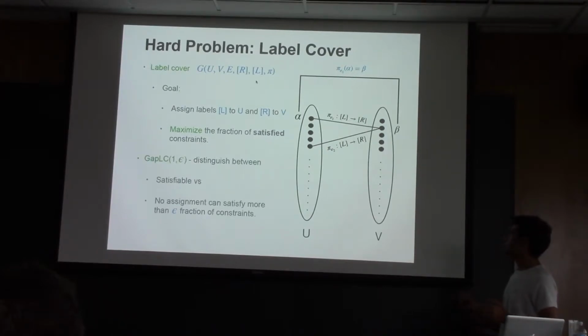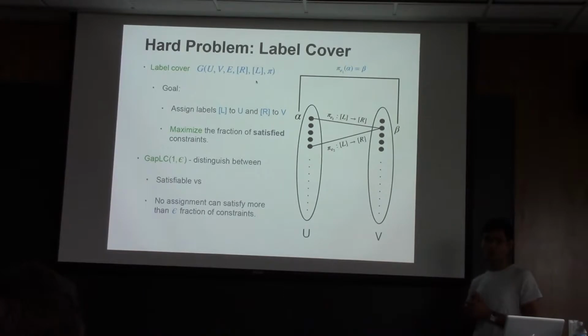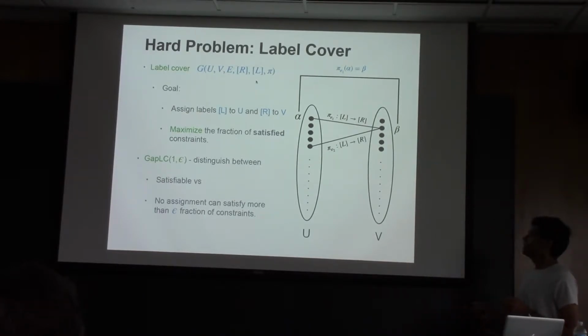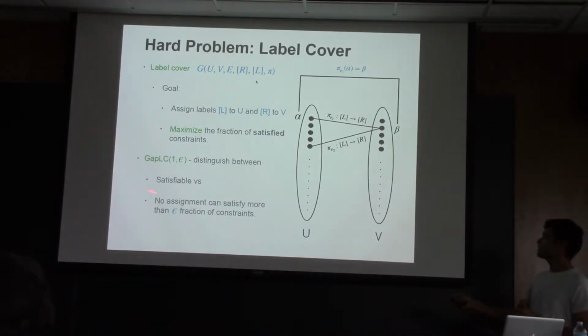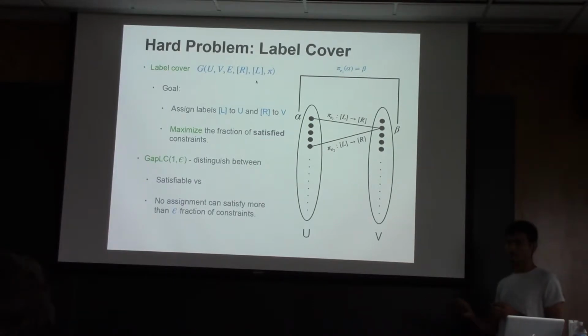Okay, so what is known about how efficiently we can solve this problem? Let's define the problem gap LC 1 and epsilon, which just asks to distinguish between these two cases. One is that there exists a labeling to these vertices that satisfies all the constraints, so it's perfectly satisfiable label cover, versus no assignment can satisfy more than epsilon fraction of the constraints.